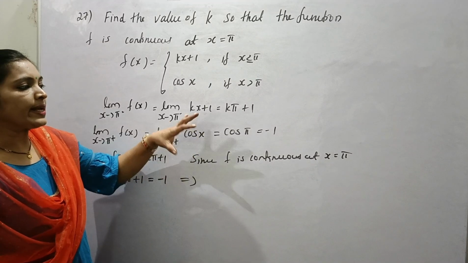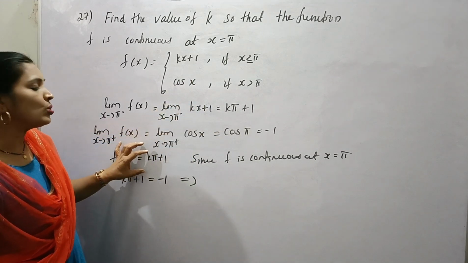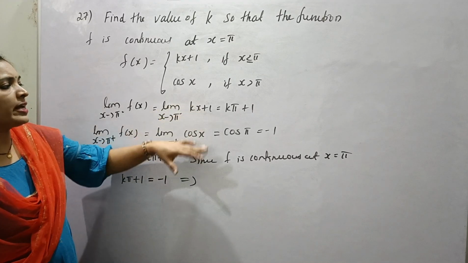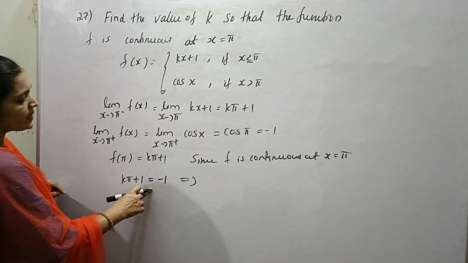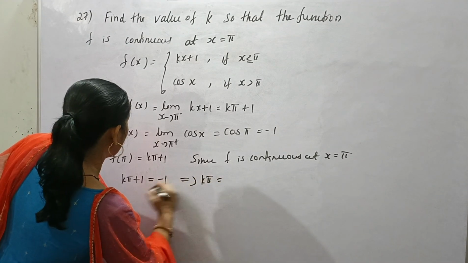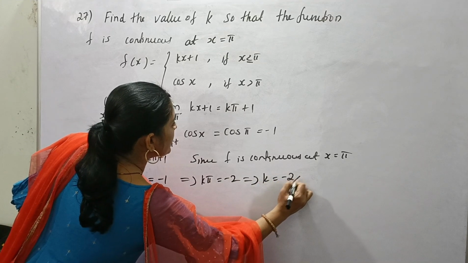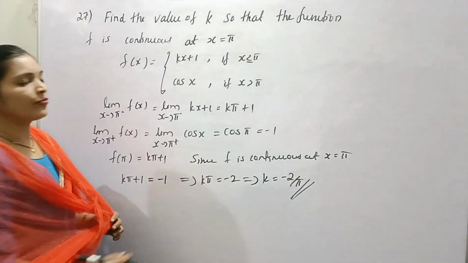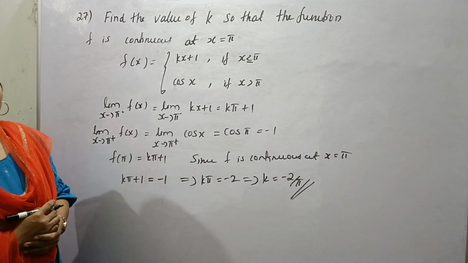If it is continuous at x is equal to pi, it means the left hand limit is equal to the right hand limit is equal to the value of the function. We can take any of these to find the value of k. So k pi plus 1 is equal to minus 1. That implies k pi is equal to minus 2, that implies k is equal to minus 2 by pi. That is the value of k when the given function is continuous at x is equal to pi.